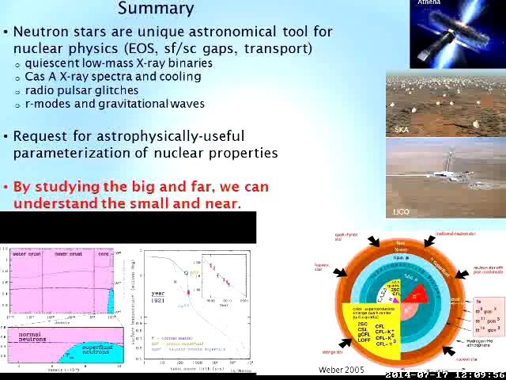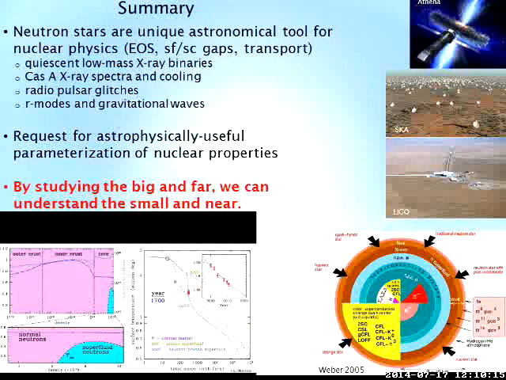The second theme is my request to the nuclear physics community to provide me with astrophysically useful parameterizations of what you are calculating, so that I can implement them in things like cooling codes.